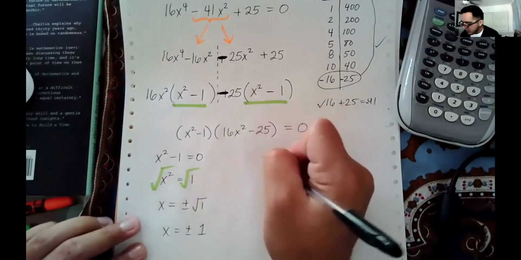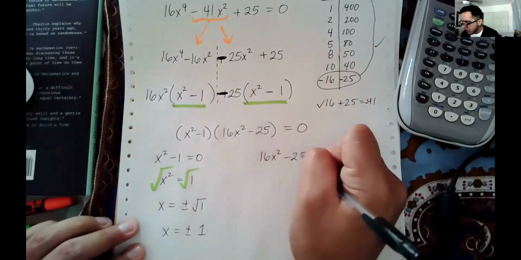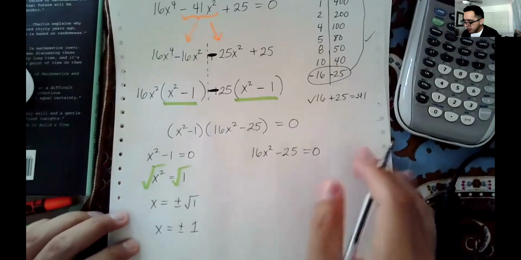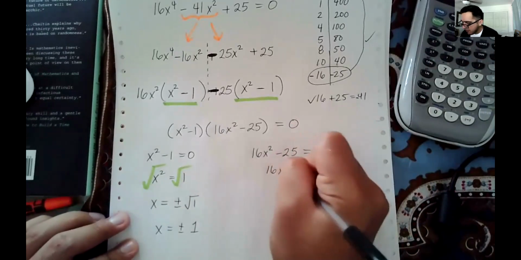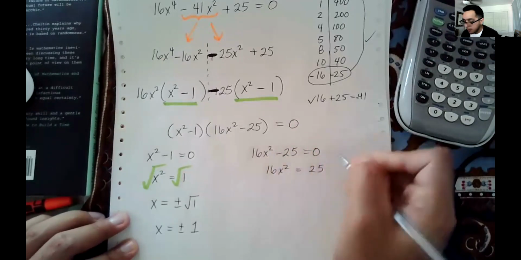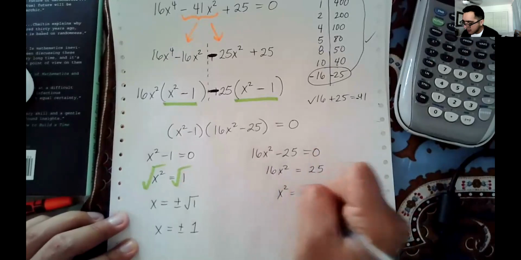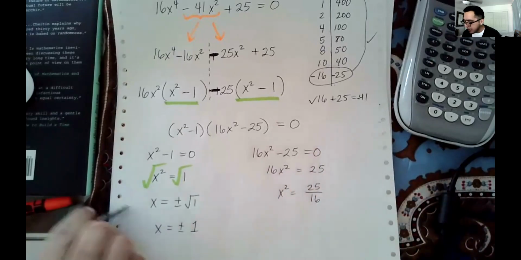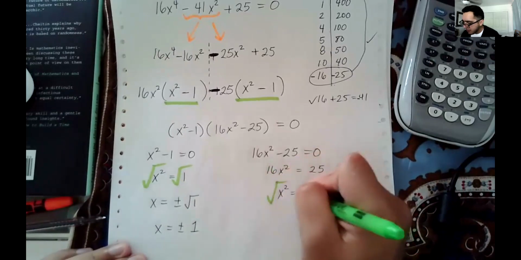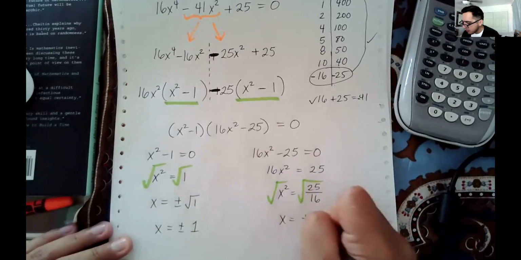And then we can go ahead and do the same thing over here. 16x squared minus 25 is equal to 0. We can go ahead and add the 25 over to the other side. So that makes it positive. We can divide the 16 over to the other side. So we get 25 over 16. And then we can finally utilize our square root property, take the square root of both sides, and we'll get x is equal to plus or minus.